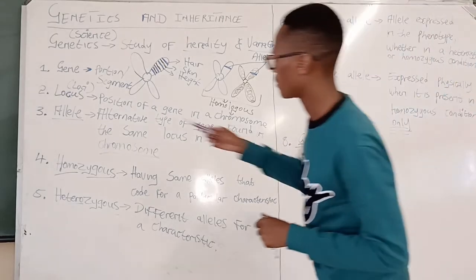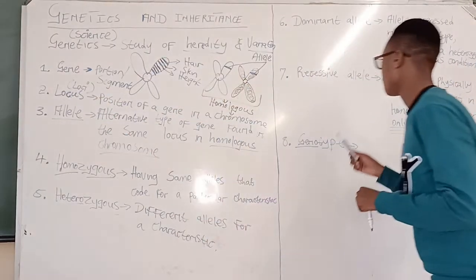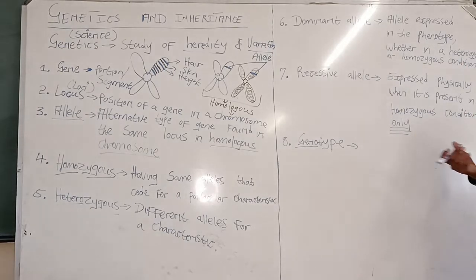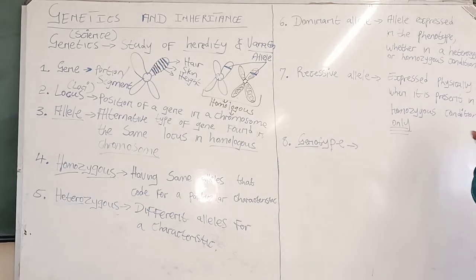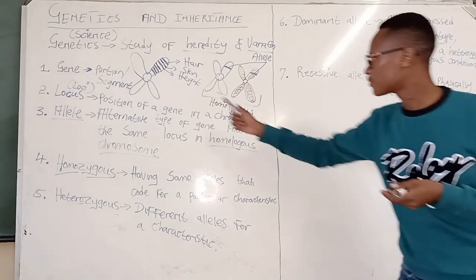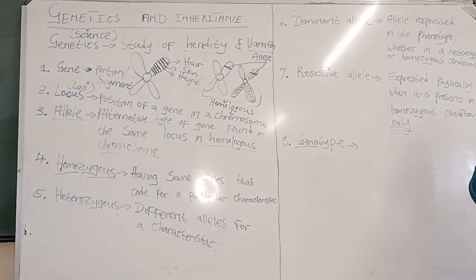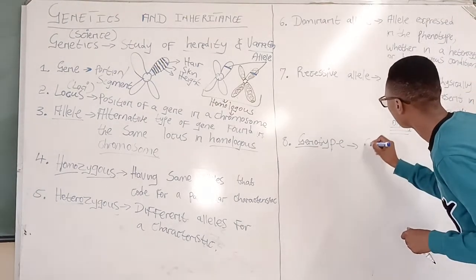So a genotype is the genetic makeup, what we see when we look at your genes using a microscope or a scan, when you check your DNA, because in your DNA we have genes. So when you look at your genes, you are looking at your genotype. That's why it is called the genetic makeup.